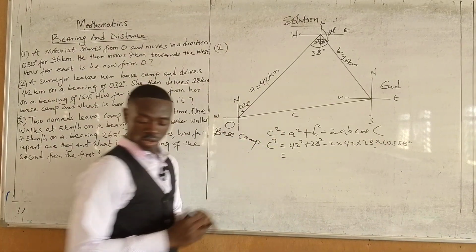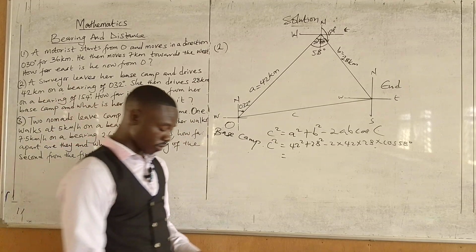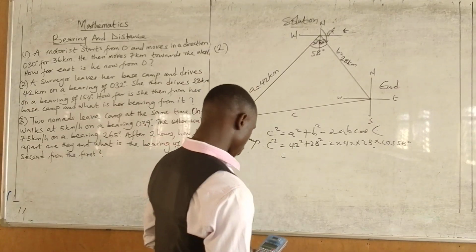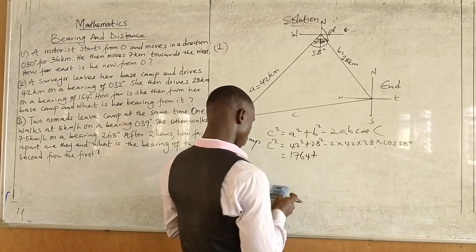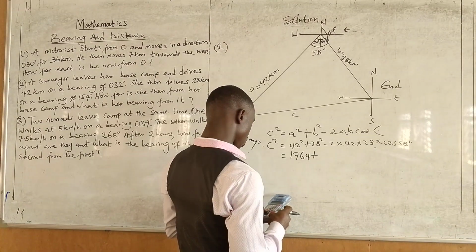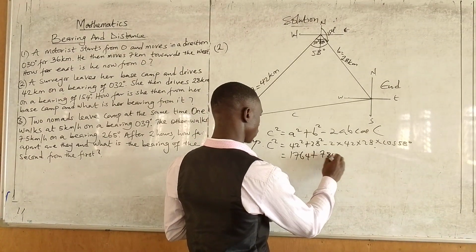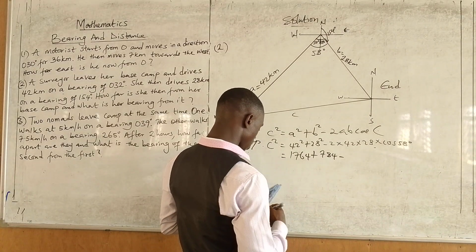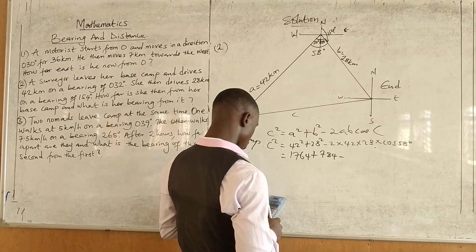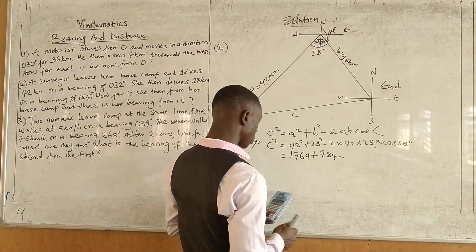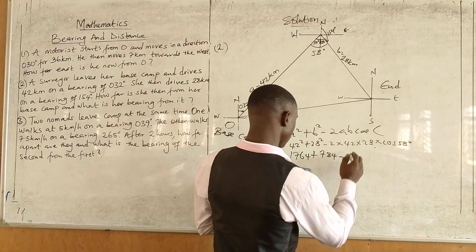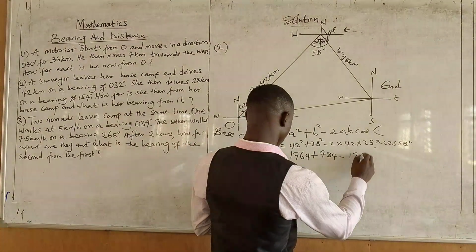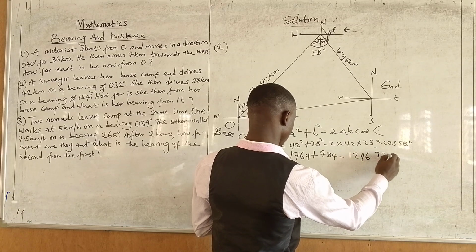All right. So if you simplify that, 42 squared gives 1764. Then 28 squared gives 784. Then minus 42 times 2 times 28 times cos 58. That's 1246.370.